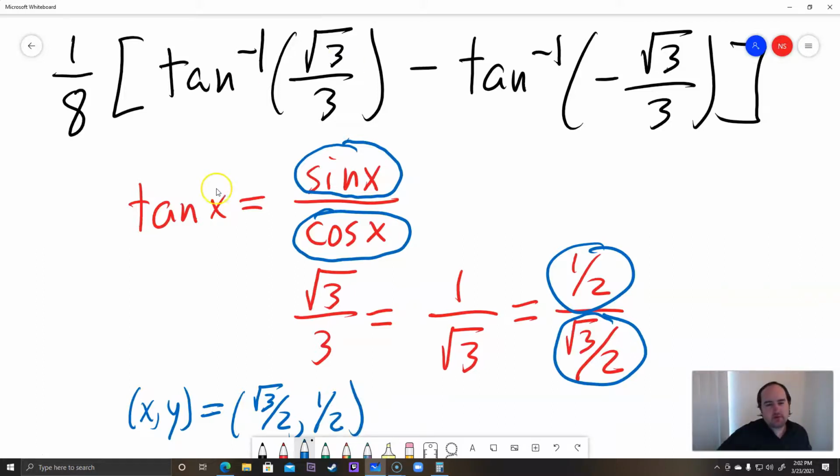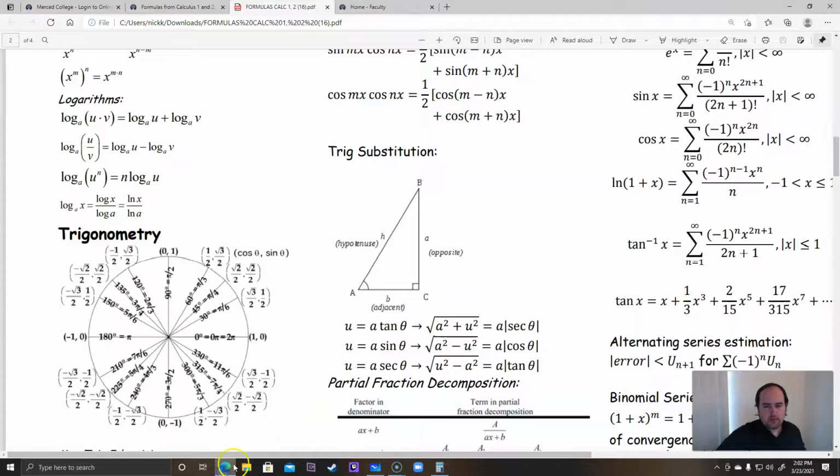And so we just really want to figure out what the angle is. I probably shouldn't have been calling this x, so I'll call it theta again. Tangent of theta is sine of theta over cosine of theta, and we're trying to figure out what that theta is. They gave us root 3 over 3. So we go on our unit circle and look for root 3 over 2 comma 1/2.